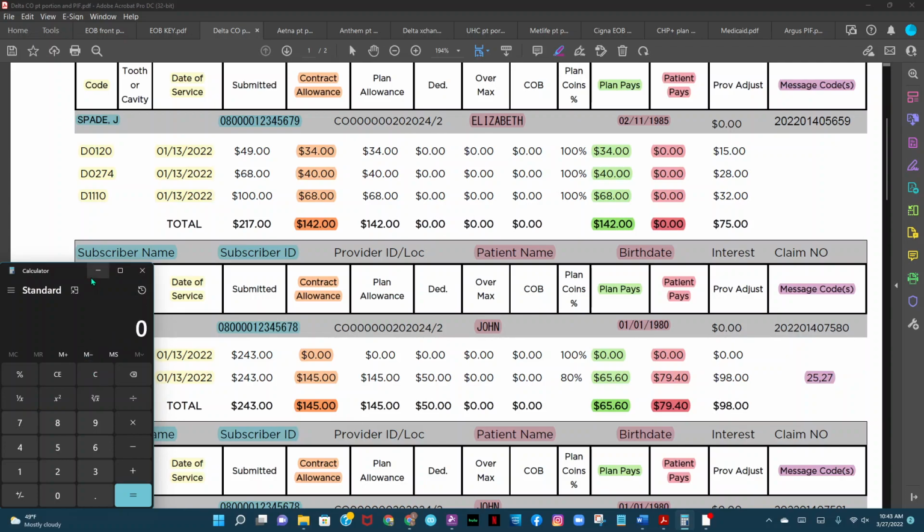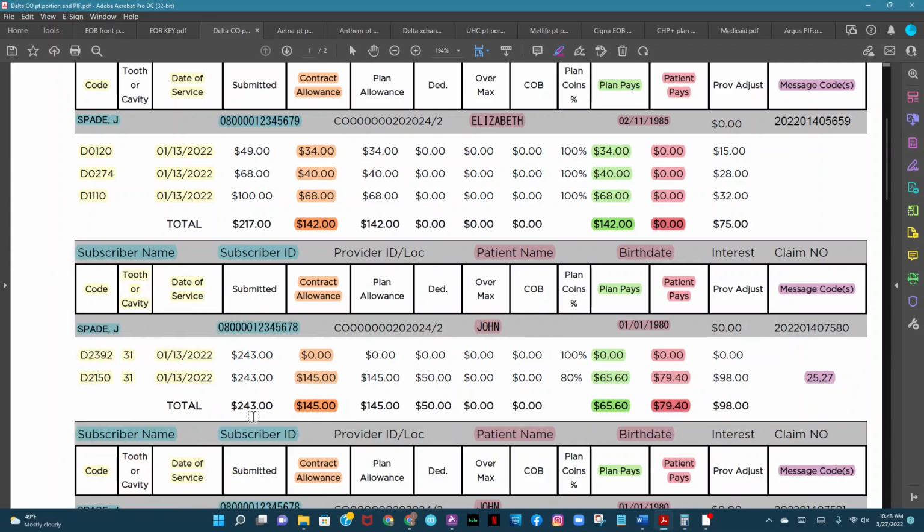Okay. Just a little trick I like to use. And there are some EOBs that don't actually give us the fee or the contract allowance that we're allowed to charge the patient, and so we actually have to utilize that calculation in order to figure it out.